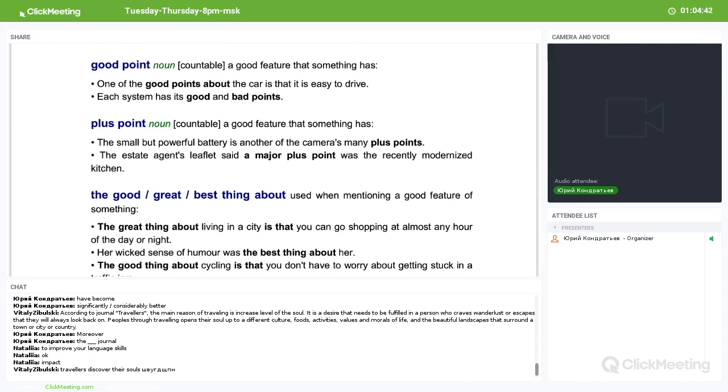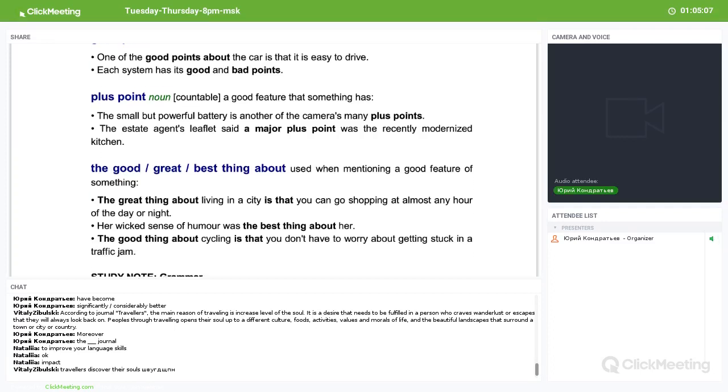One of the good points about the car is that it is easy to drive. Each system has its good and bad points. Plus point. The small but powerful battery is another of the camera's many plus points. Okay, or you can say something is another of something's many plus points. The estate agent's leaflet said a major plus point was the recently modernized kitchen.